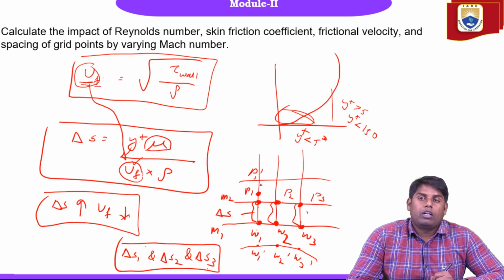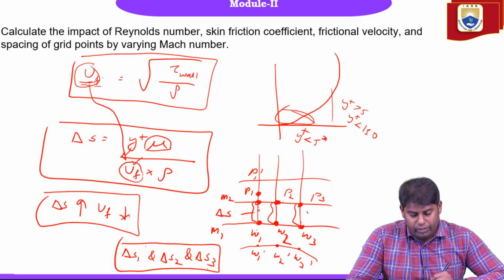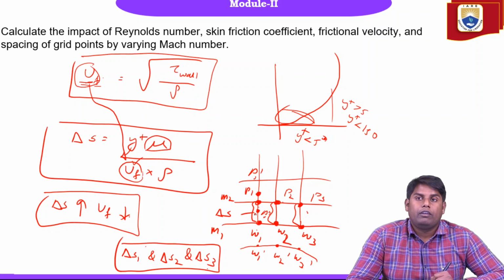So when UF is low, this happens. Now when UF is high, this is what happens at P1 double dash. Let's say this is the intermediate point where again it comes here. Fine. So this is what happens when the value of UF changes.